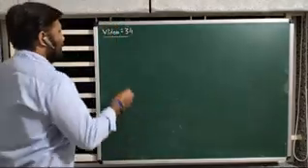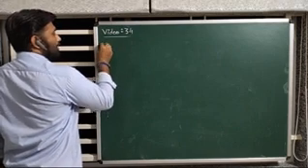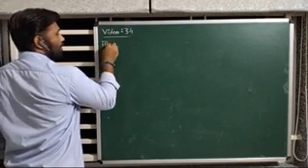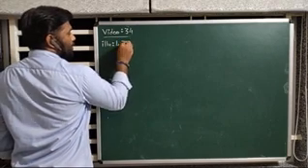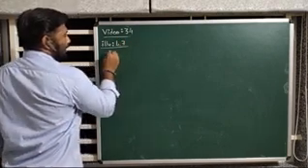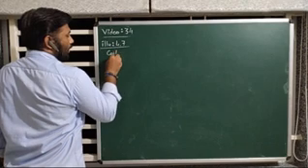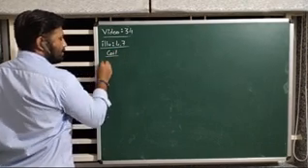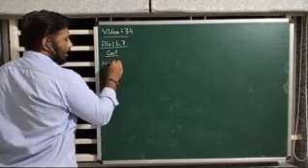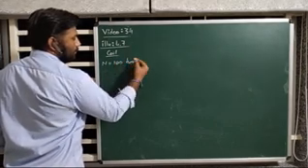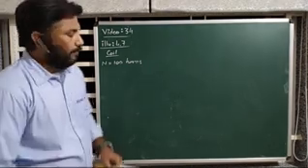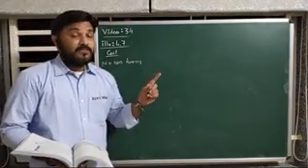There is a coil given in illustration number 4.7, and it consists of N equal to 100 turns. Now see, the analysis is very important.